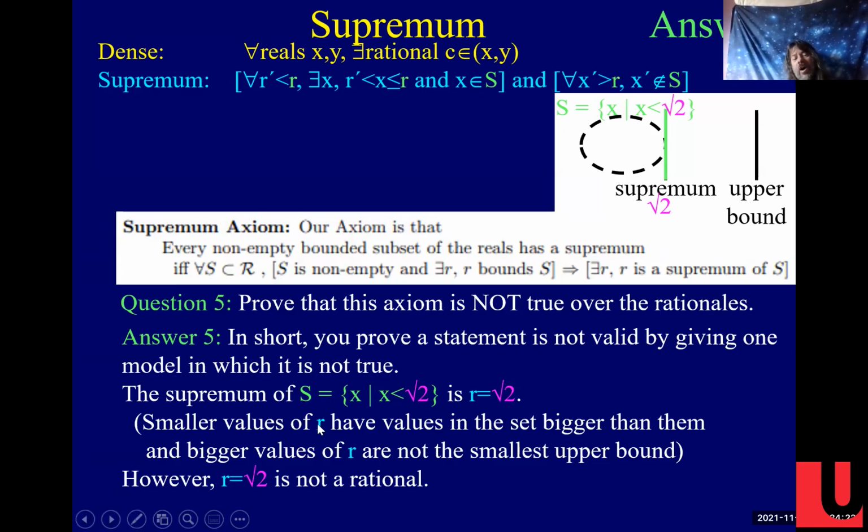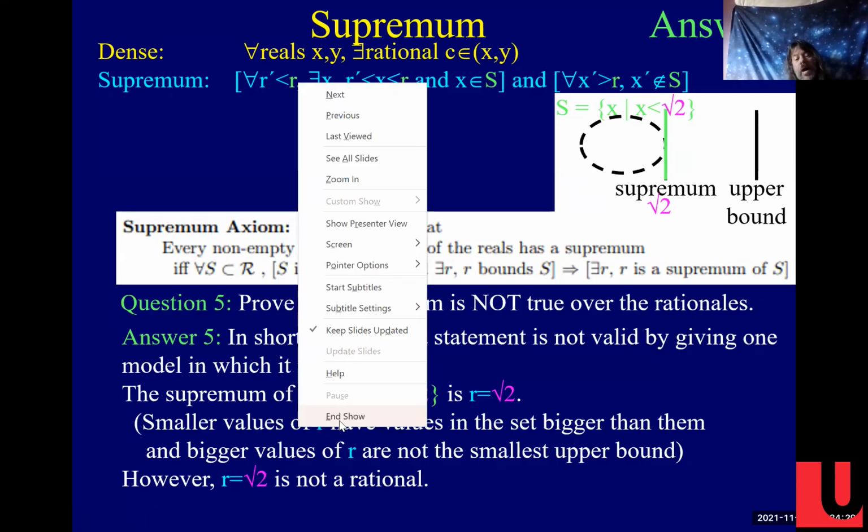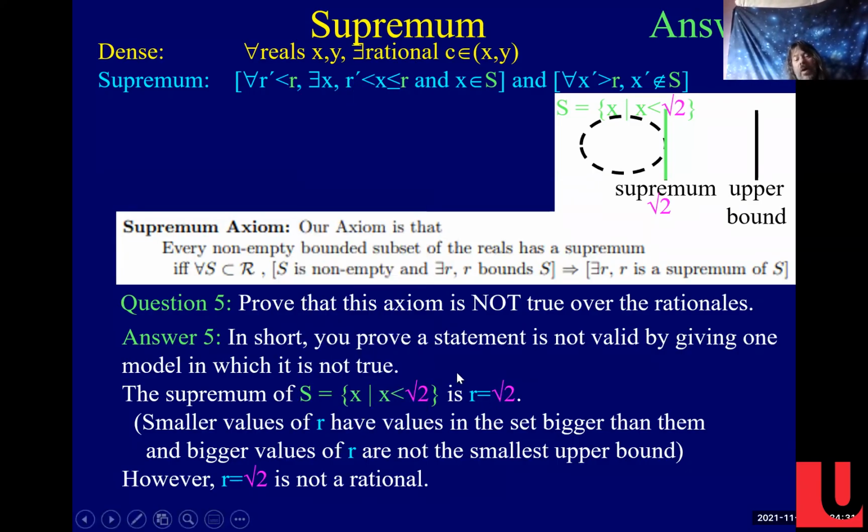Because if you take any number that's smaller than R prime, it won't be a supremum because there are things in the set that are bigger than it. And if you take any R that's bigger than the square root of 2, it's not the smallest upper bound. I think from the previous question, we saw that the supremum has to be the square root of 2. But the problem is the square root of 2 is not rational.